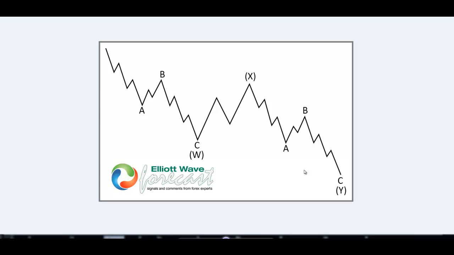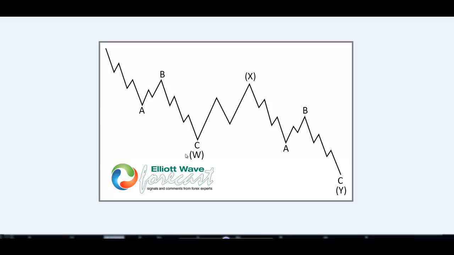What is a double correction? A structure that comes in 7 swings, like the one reflected over here. 1 swing, 2 swing, 3, 4, 5, 6, and 7, in which the components are not regular zigzags. In other words, the W is not a 5, 3, 5.